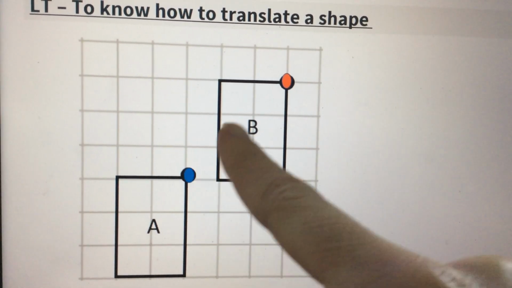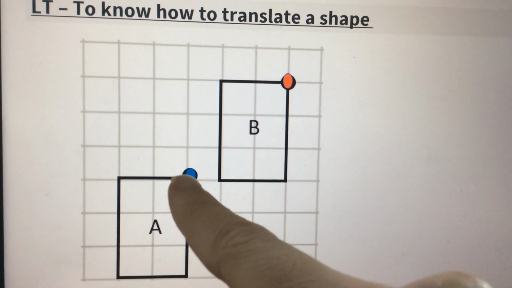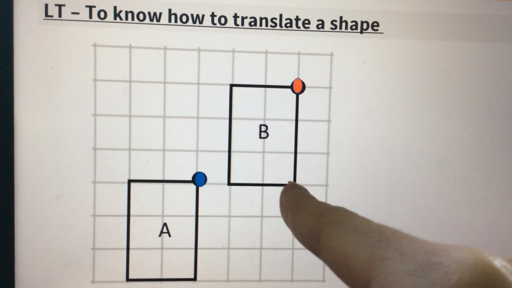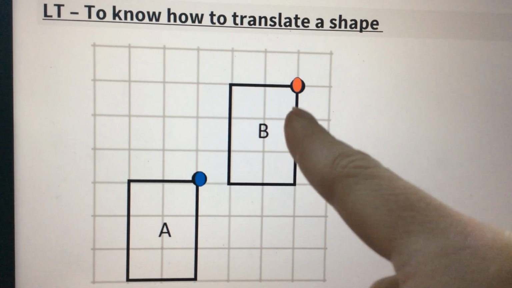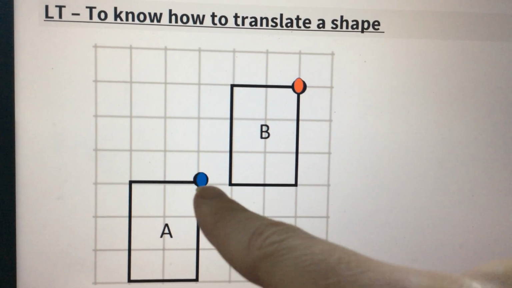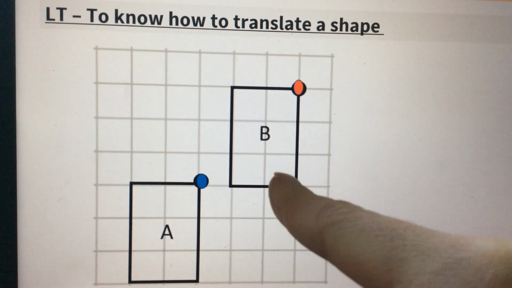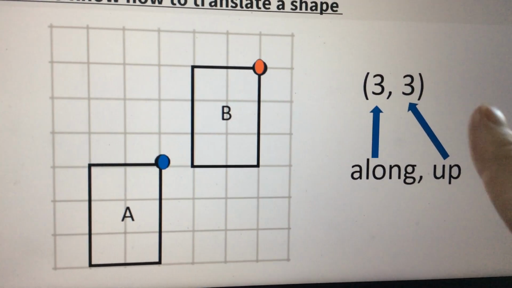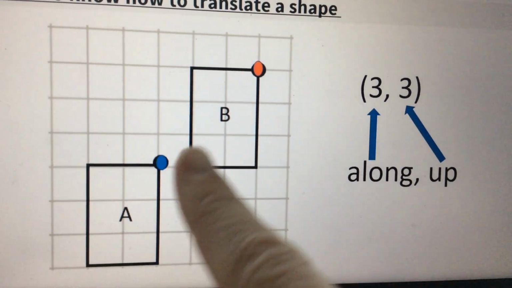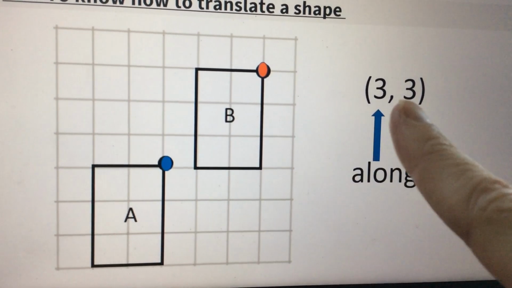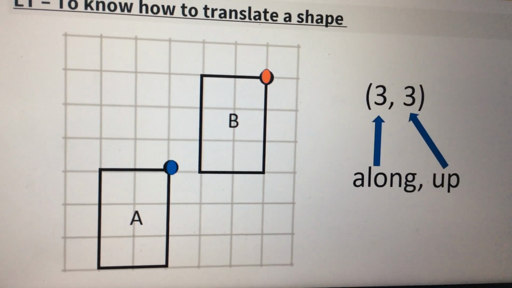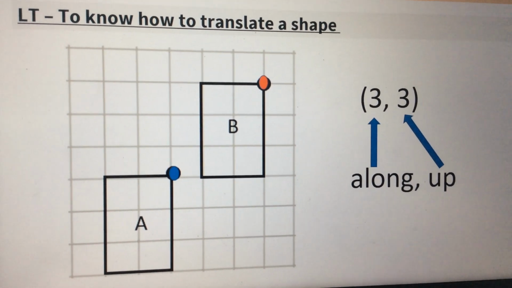So this corner to this corner, it's gone along 1, 2, 3, and it's gone up 1, 2, 3. So it's gone across 3, or along 3, and it's gone up 3. Therefore, our coordinates to show how this shape has been translated is (3, 3). Don't forget we've got brackets around and that comma between the 2 digits as well.